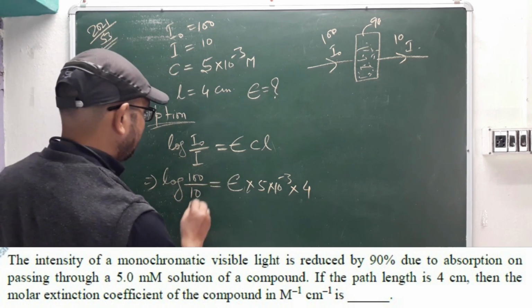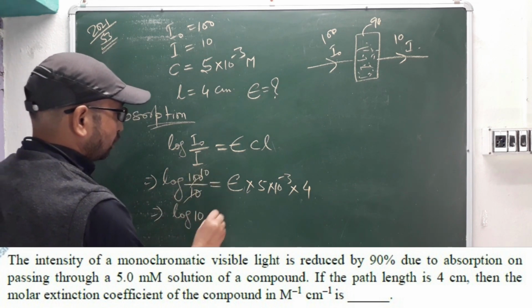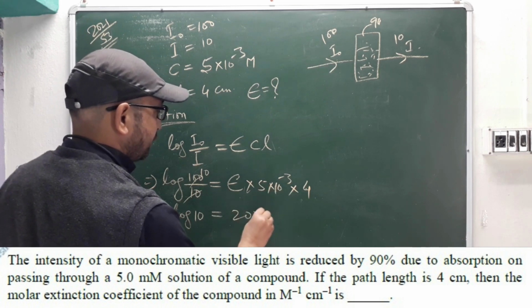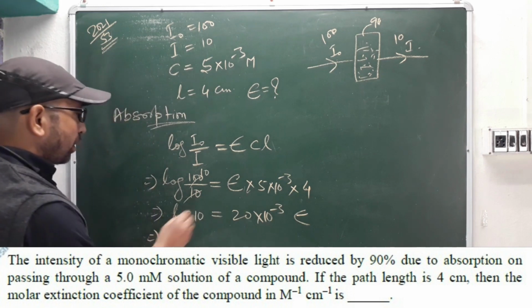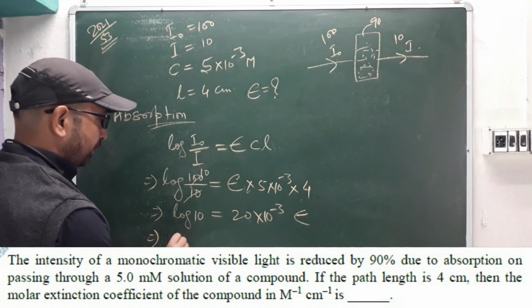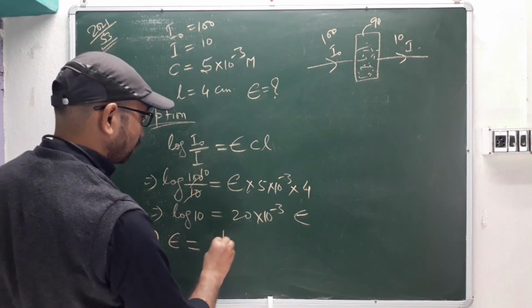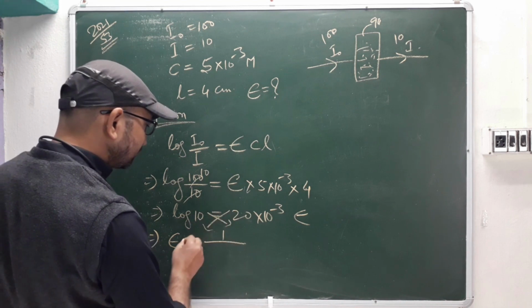So now it will be 10, and log 10 equals, 5 4s are 20, into 10 to the power minus 3, into epsilon. Log 10 equals 1, we know. So epsilon equals 1 divided by this, cross multiply, right? This will come down.